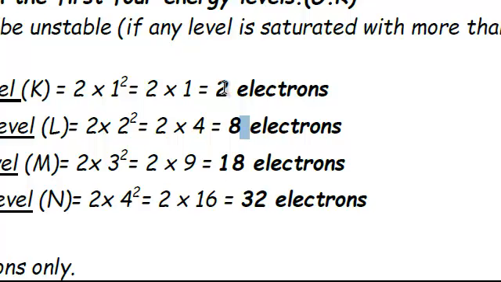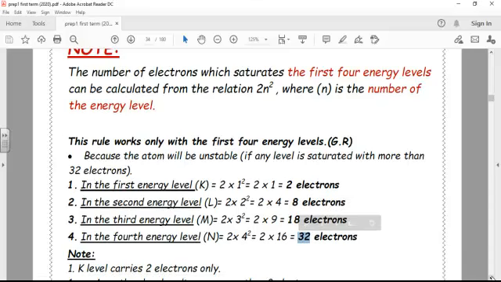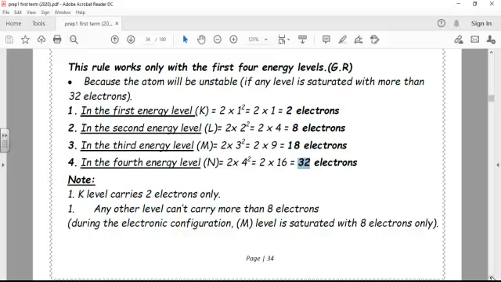So you can see here, the first energy level K carries 2 electrons, the second one L carries 8 electrons, the third one M 18 electrons, and the fourth one N carries 32 electrons. But it's very important that we cannot apply it beyond 4.